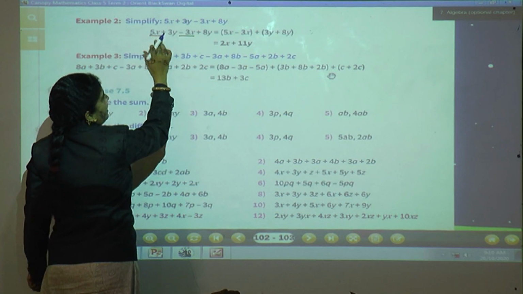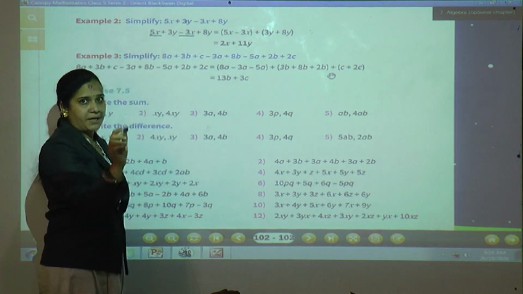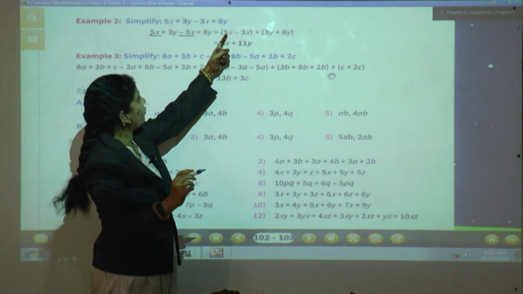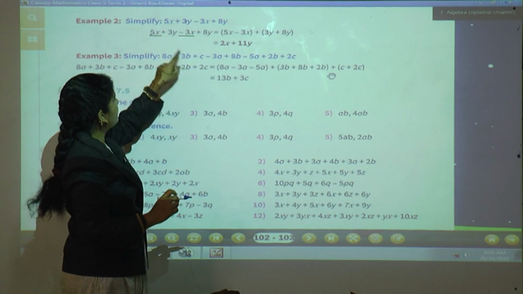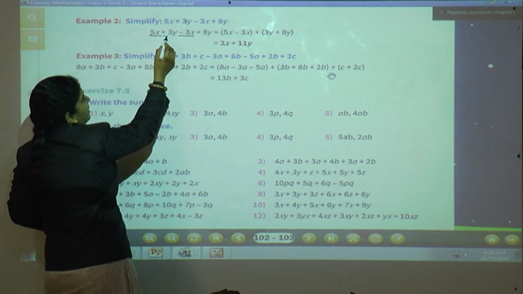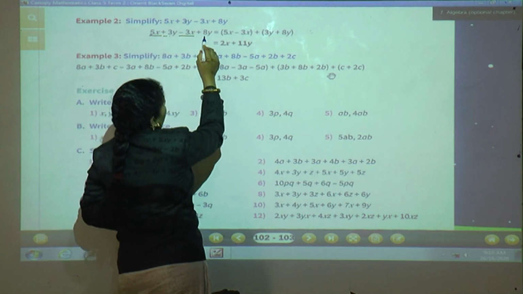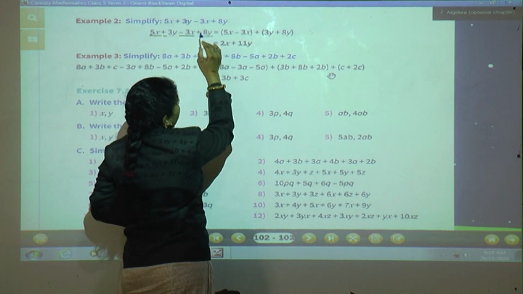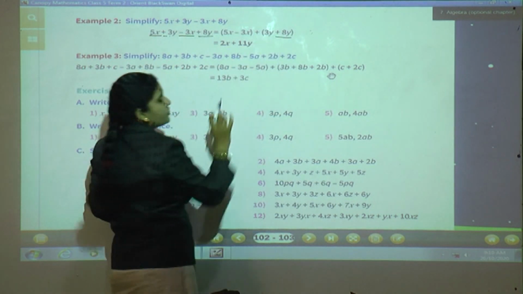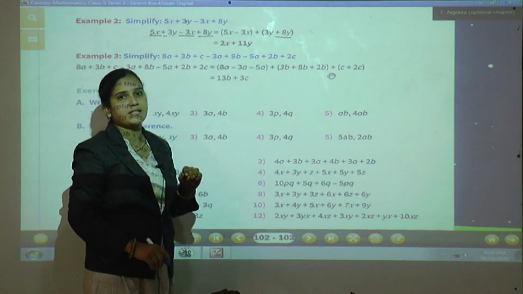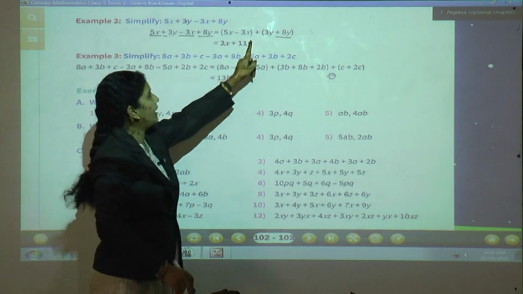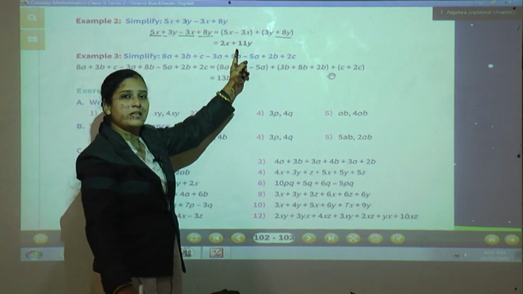Here 3x is having a minus sign, so in the bracket also I took a minus sign. Now 3y plus 8y: here 8y is having a plus sign, so here also a plus sign. Now do the calculation: 5x minus 3x is 2x, and 3y plus 8y is 11y.